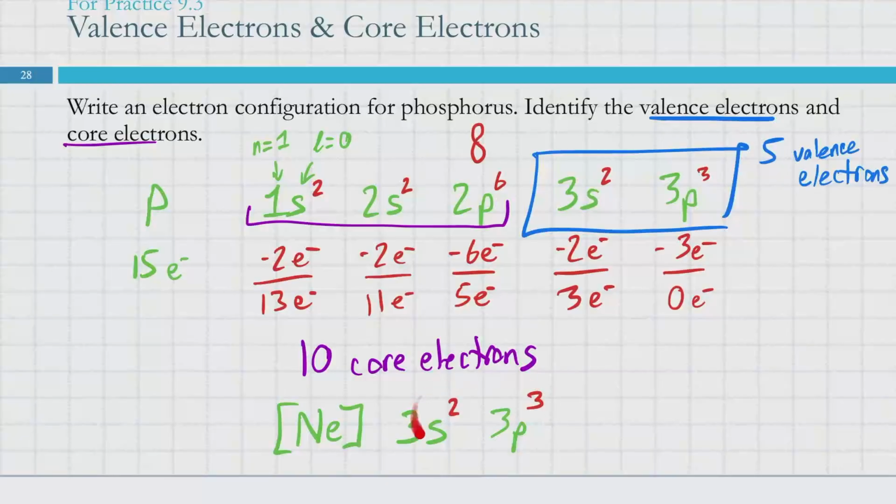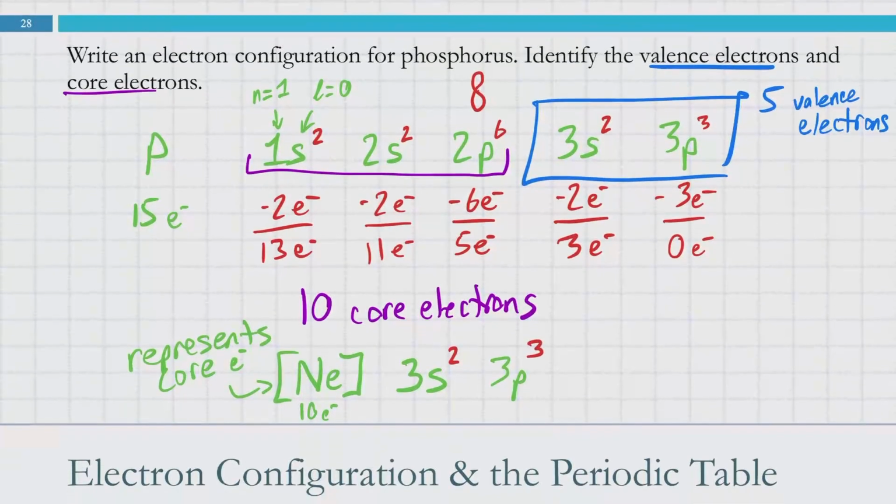We would still end up with 5 valence electrons, and then neon represents all of our core electrons. And since neon has 10 protons, it also has 10 electrons, so it would represent 10 core electrons.